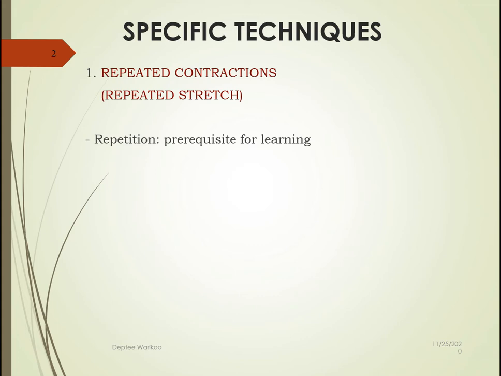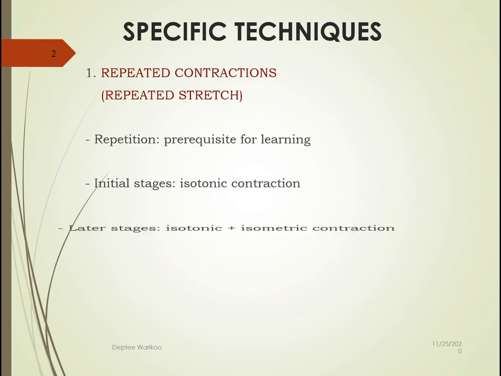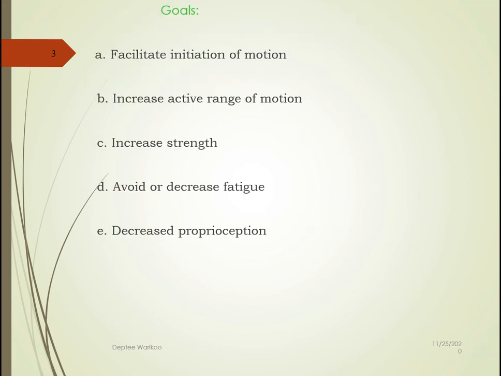So what we are doing here is causing repetition of prerequisite exercises or patterns for learning. In the initial stages there will be isotonic contractions, and in the later stages we will have a combination of isotonic and isometric contractions.